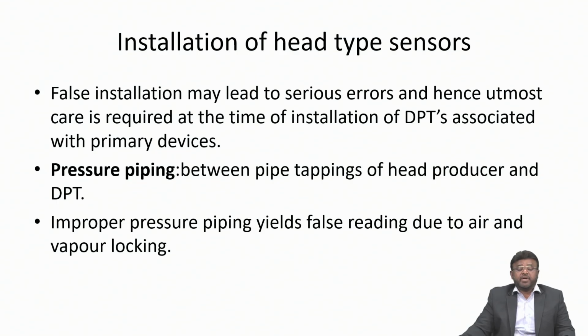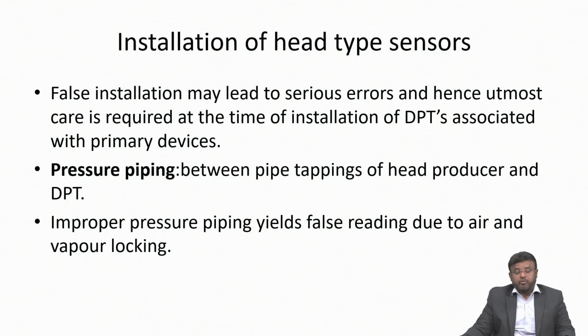So here pressure piping is important. Pressure piping is done between the pipe tappings of the head producer and the DPT. Improper pressure piping will also yield false readings because air and vapor will be locked.